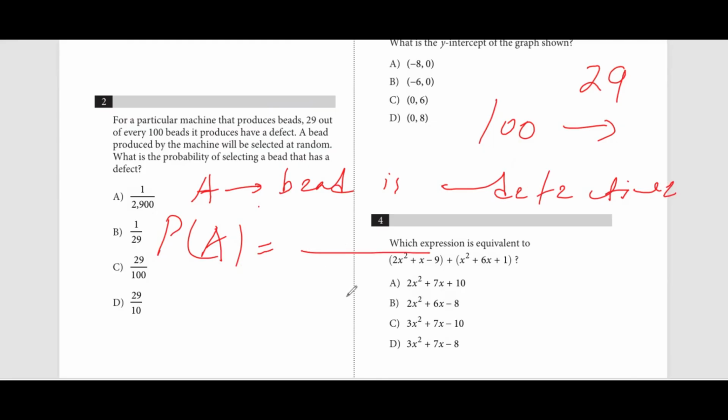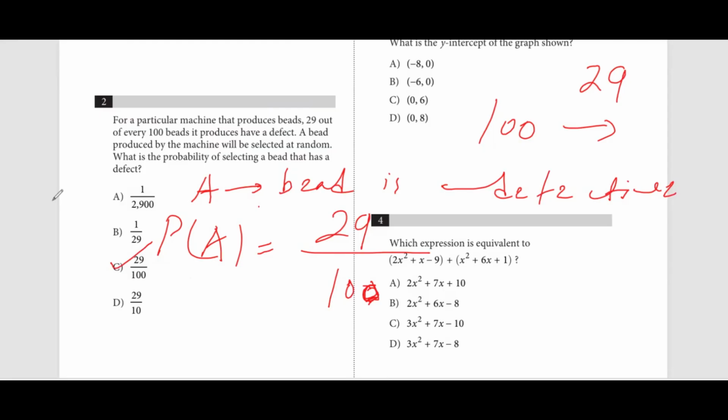The total we have is 100, and out of 100 how many beads have a defect? Nesma, tell me. 29. So which option is the right one? Option C. Yes, option C is the right one.